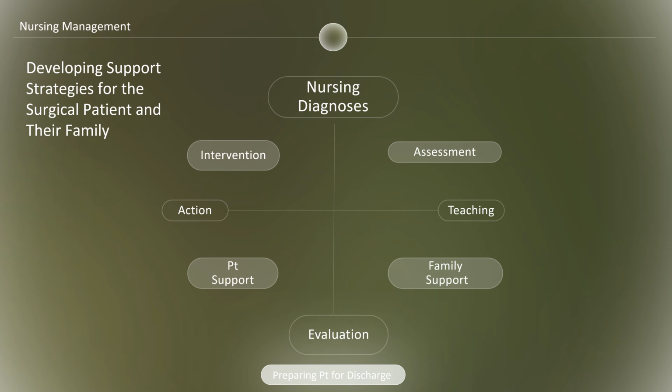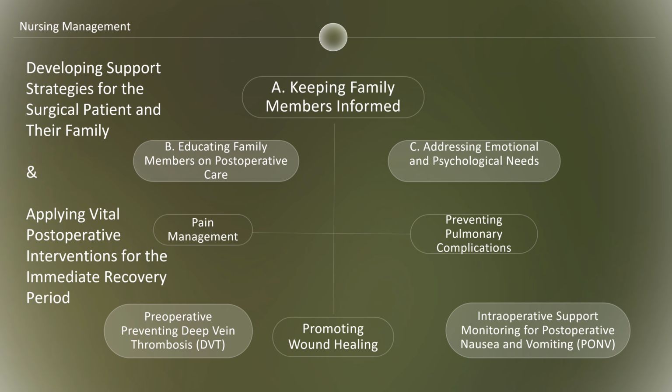We go back and forth on these through the chapter. So moving forward, how we apply the vital post-operative intervention for the immediate recovery period. So these are the objectives for this.